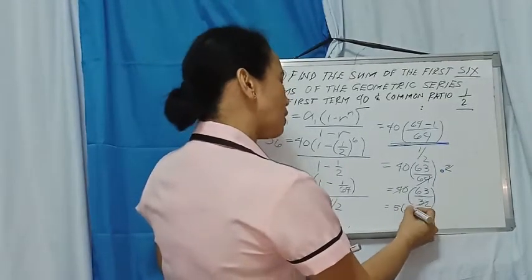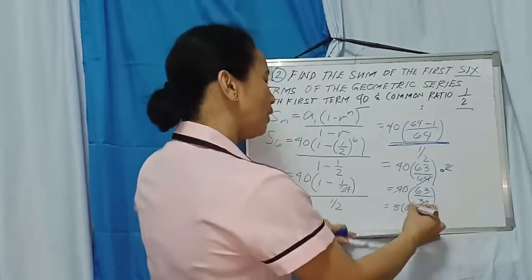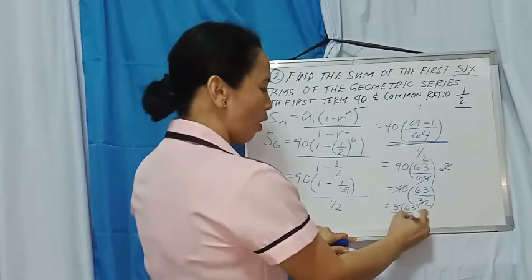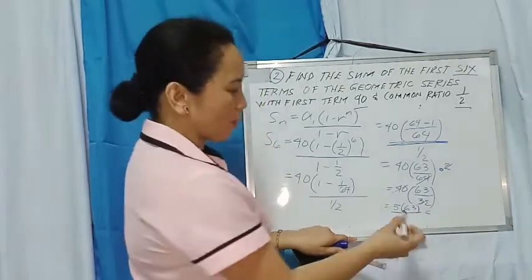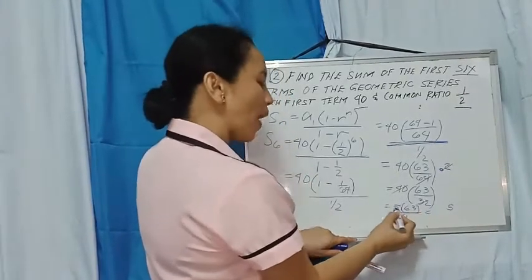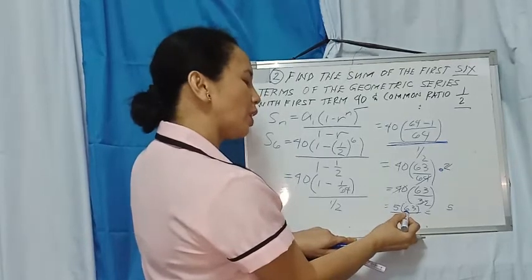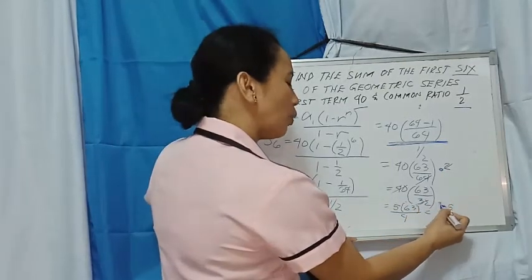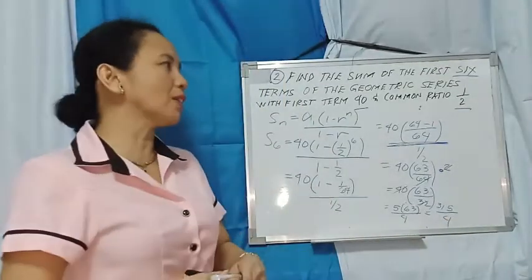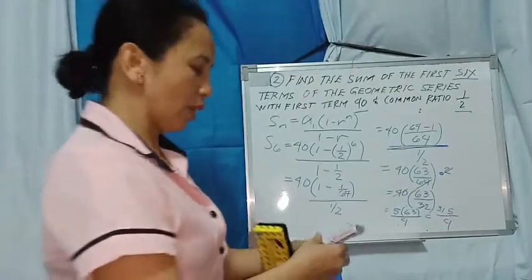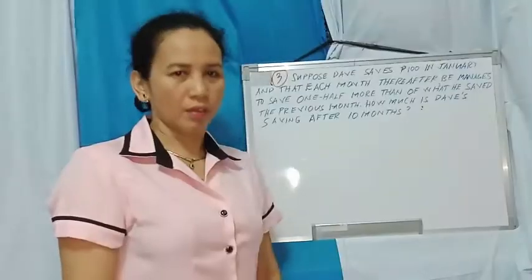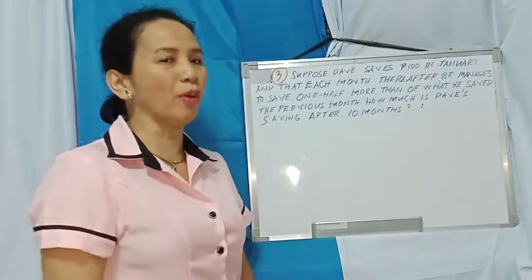And then times 63. Then, 32 divided by 8, that is 4. So, simplify. 5 times 3, that is 15. 5 times 6, that is 30. Plus 1, 31 over 4. So, the sum of the first six terms of the geometric series is 315 over 4.